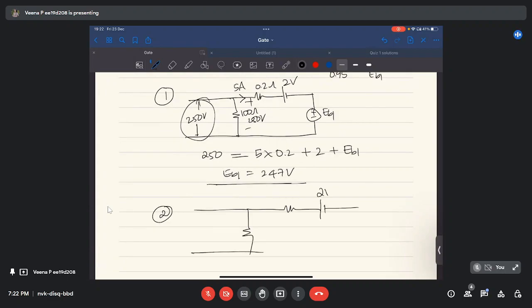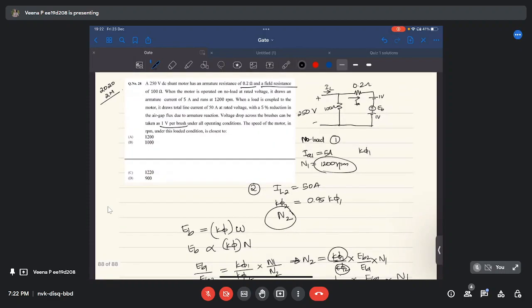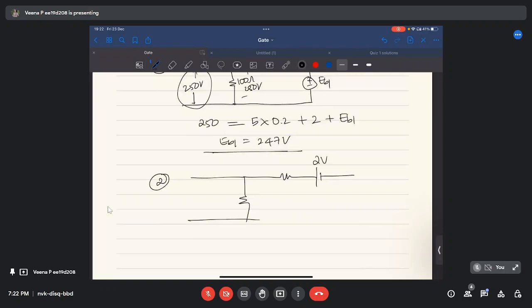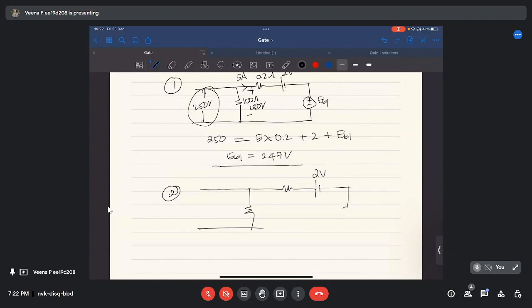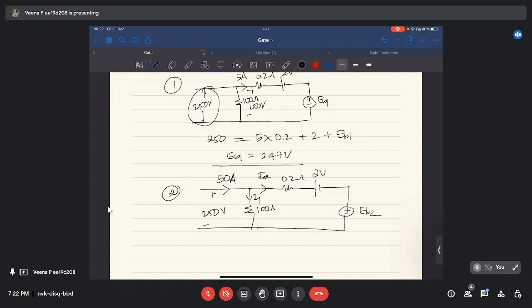Now in the second case, the brush drop will remain at 2 volt because the problem says the brush drop is 1 volt per brush under all operating conditions. So here this is EB2, with the same 100 ohm and 0.2 ohm, and 250 volt applied. Here it is given that the line current is 50 ampere. The armature current IA2 is 50 ampere minus IF.